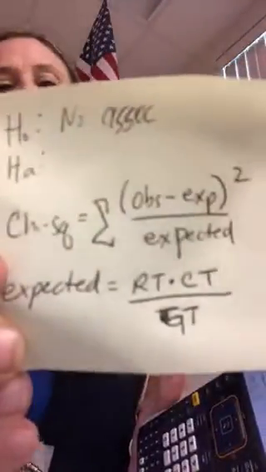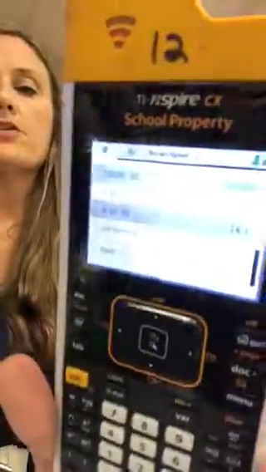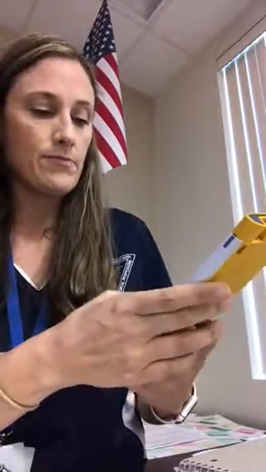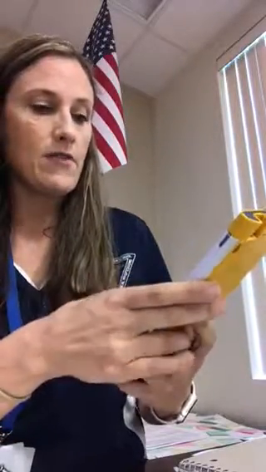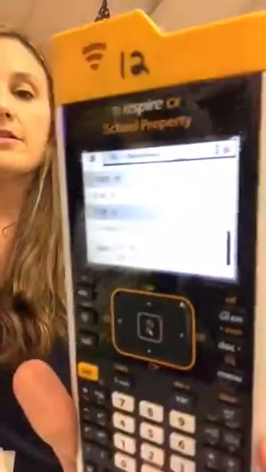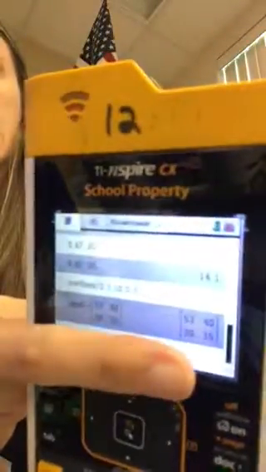So looking back here at my formula for chi-squared, these are my observations. So I observed 52, I observed 40, I observed 30, I observed 35. That was from my statistical study. Those were my observations. Okay, so I hit enter, and now the calculator told me, yep, I got your data.